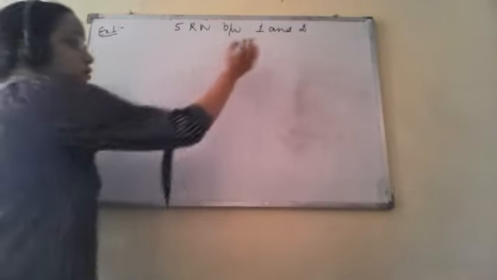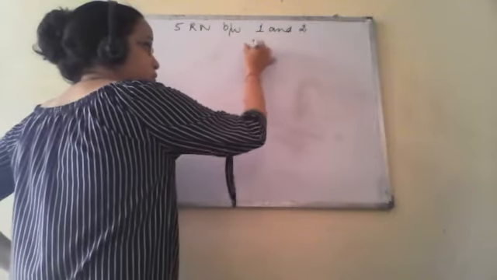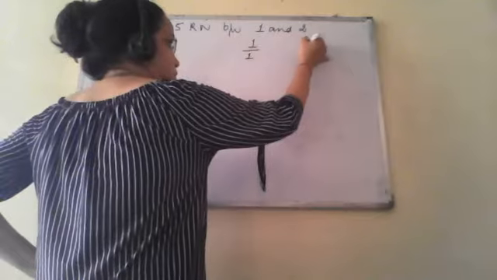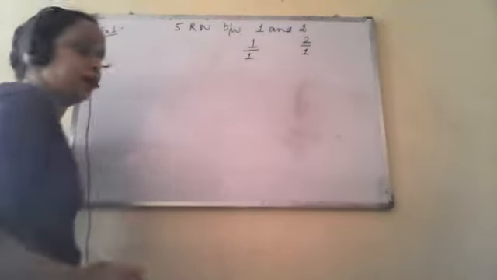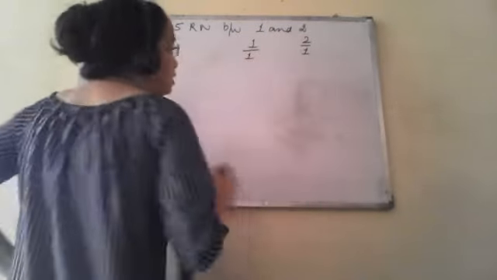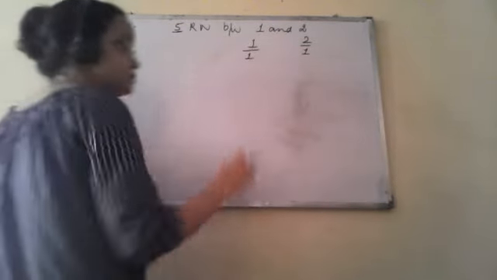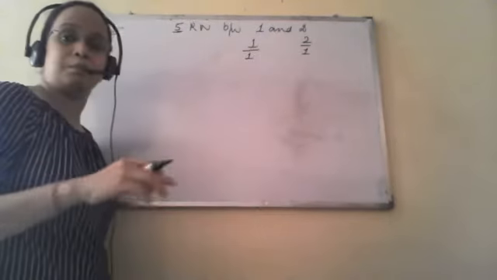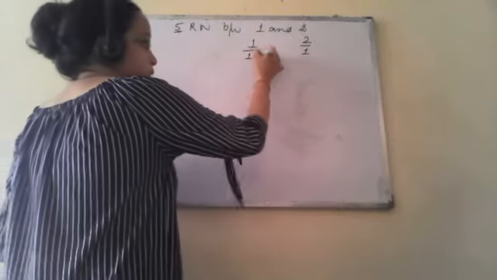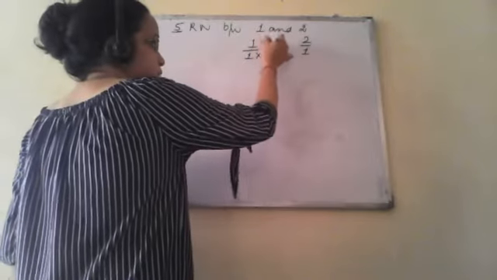Now 1 can be written as 1 upon 1 and 2 can be written as 2 upon 1. So these are like terms, having the same denominator. Now we need 5, so we will multiply both the numerator and denominator by 6.